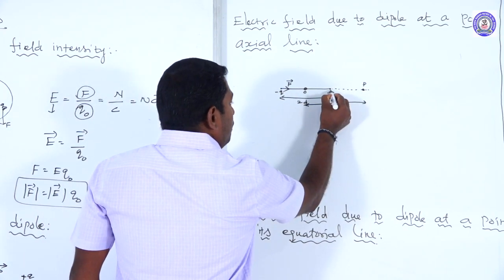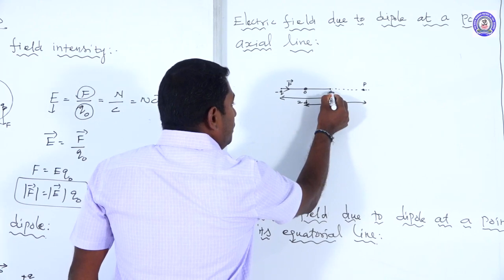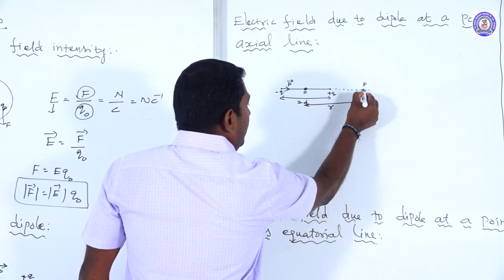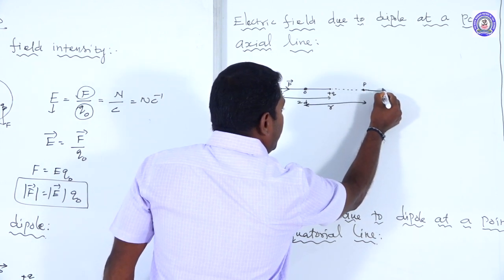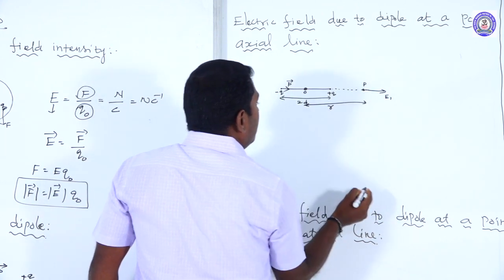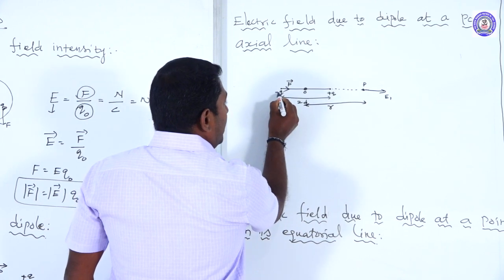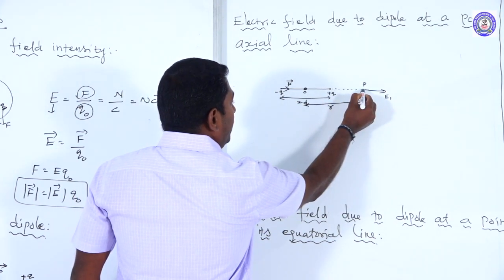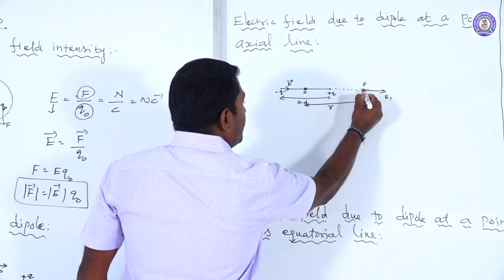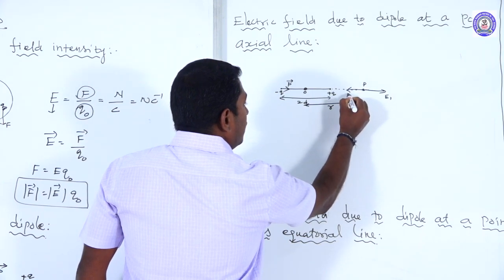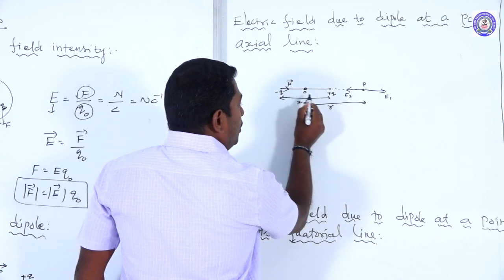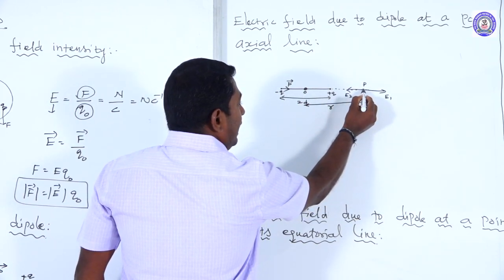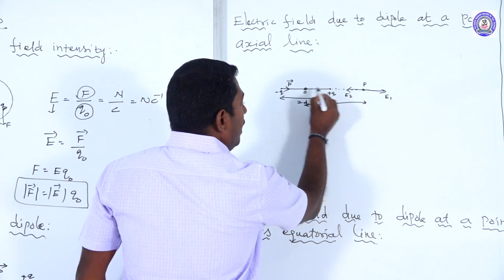So the plus Q point charge produces an electric field at this point P directed away, E1. The negative charge produces an electric field at this point P directed towards the negative charge, E2. So both the charges in the electric dipole produce electric field intensity at a point P on its axial line.